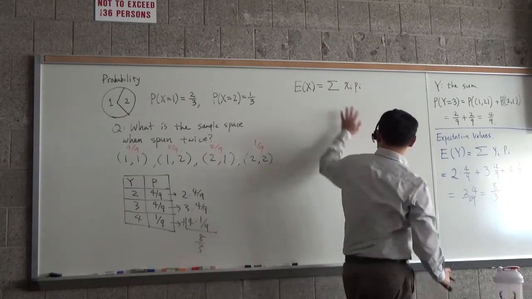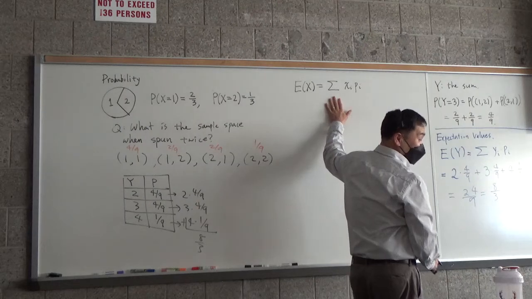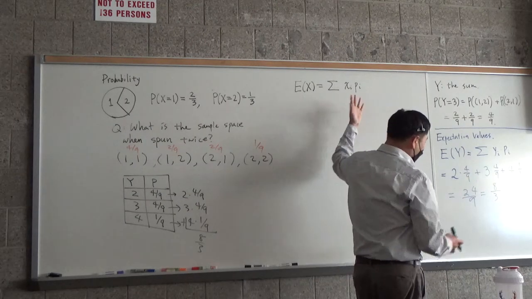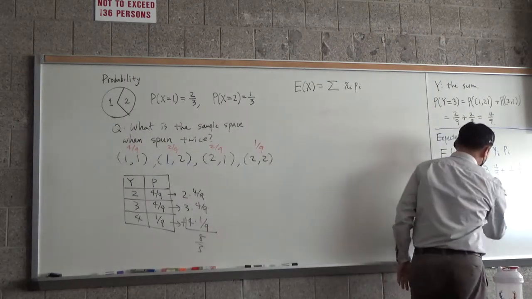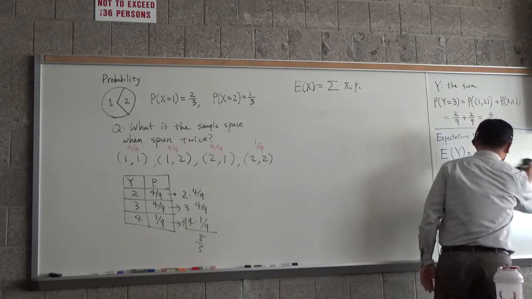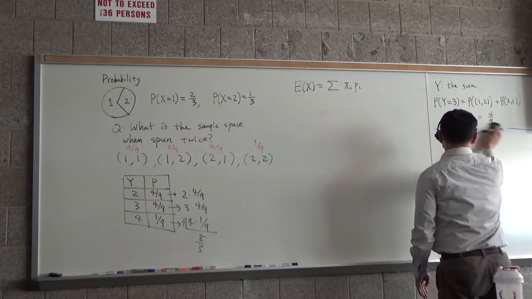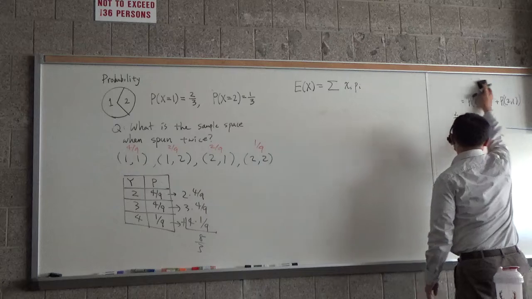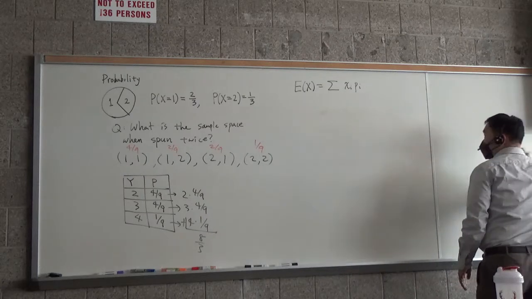That'll be it for the expectation value. It's not very helpful if you just see that, you wouldn't know what to do. So it's better to do examples and make sure that you understand what it means.